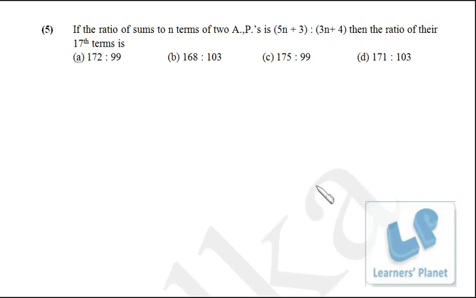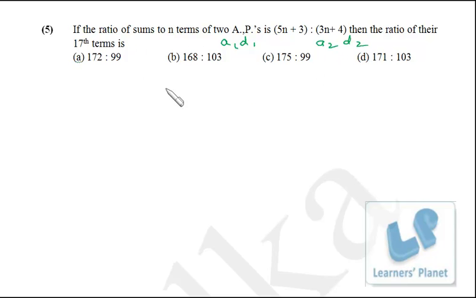Now see this question, going to be an important one. If the ratio of sums to n terms of two APs is this, then the ratio of their 17th term. First of all, there are two arithmetic progressions. I assume the first term and the common difference of the first is A1 and D1 and of the second one is A2 and D2, right?